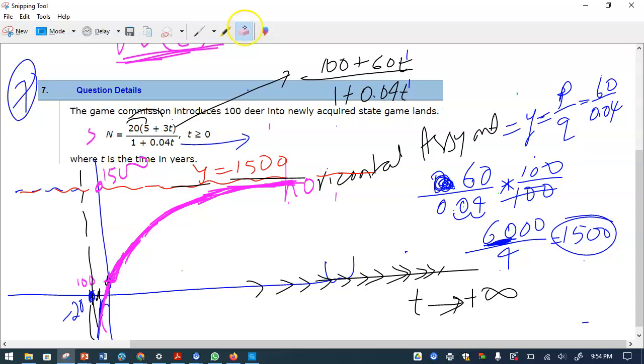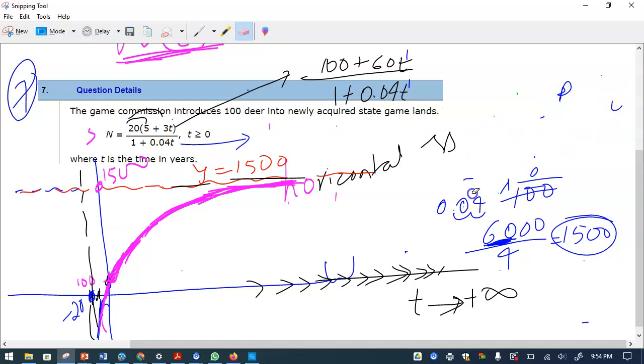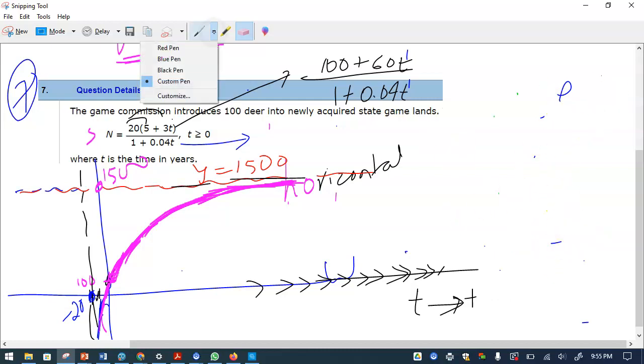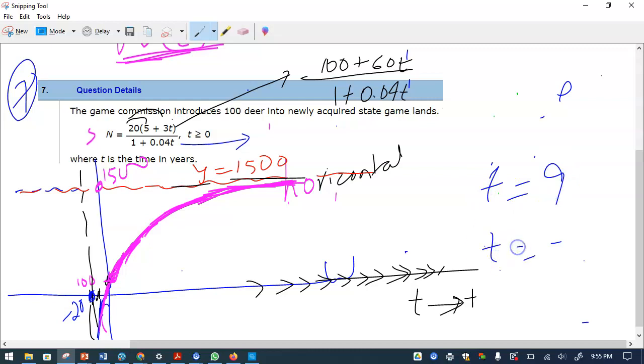What is the population after maybe 10 years, or I'll put an easy question, 8 years? What is the population if t is maybe 9, or t is 14, or t is 19? You can use the calculator, but not the graph. You're not supposed to graph and show this.